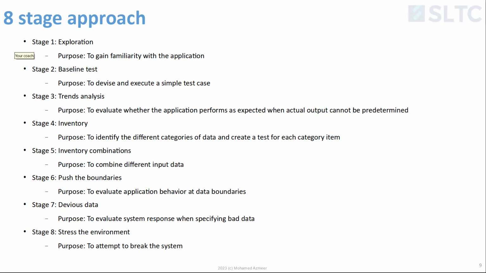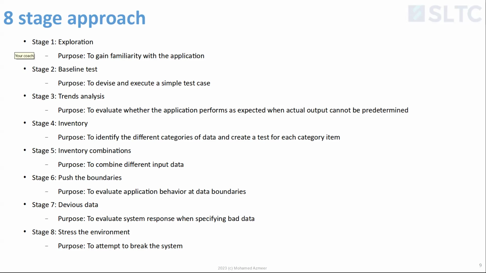Inventory, that is to identify the different categories of data and create a test for each category item. What does that mean? Let's say you want to capture some user information. There may be 4 fields: name, NIC, email address, phone number, 4 items, right?